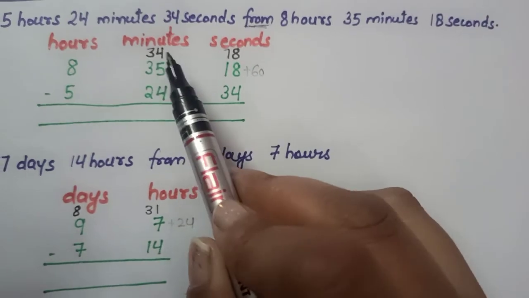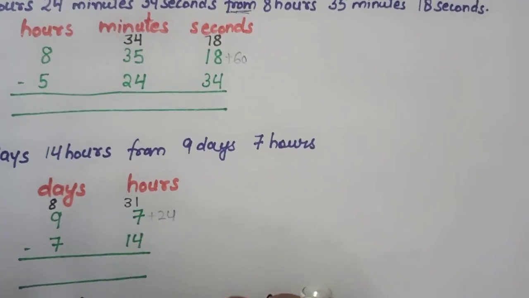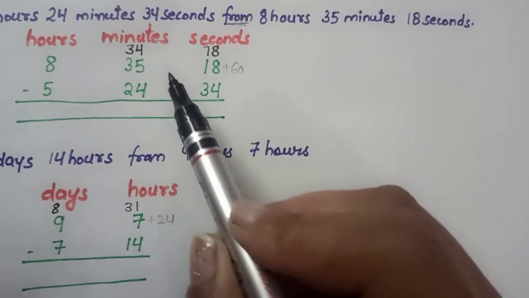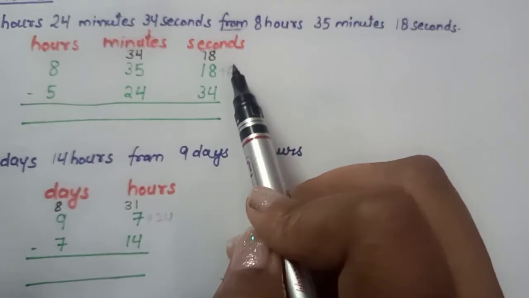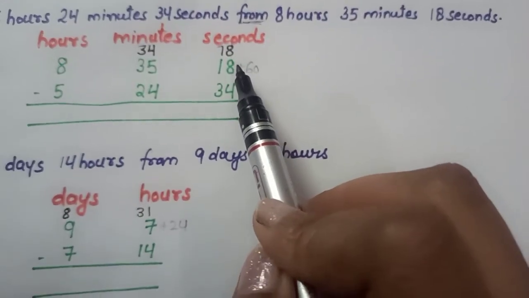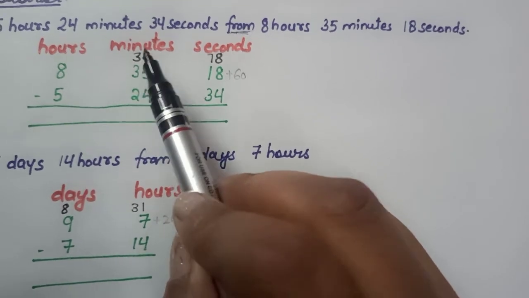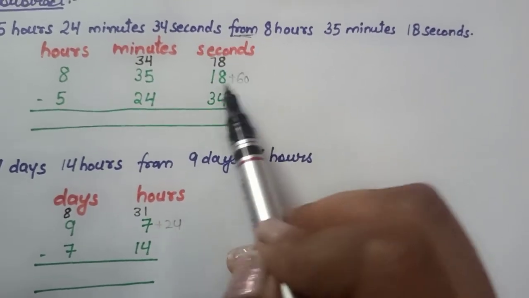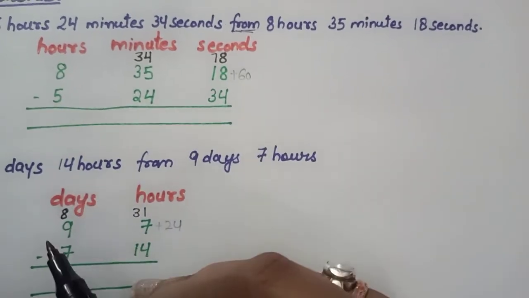But in 1 minute, how many seconds do we have? 60 seconds. So it means if the minute part gives one borrow to the seconds part, it will give 1. But when that one reaches the seconds part, it will become 60.